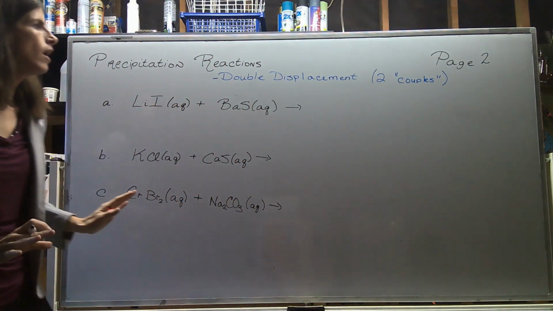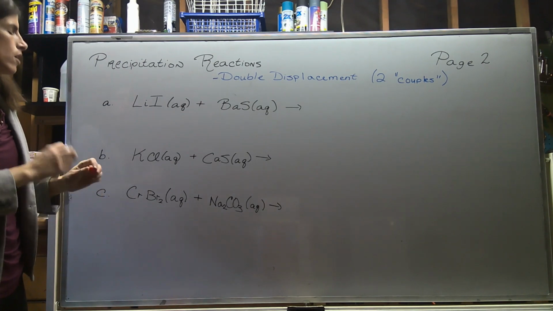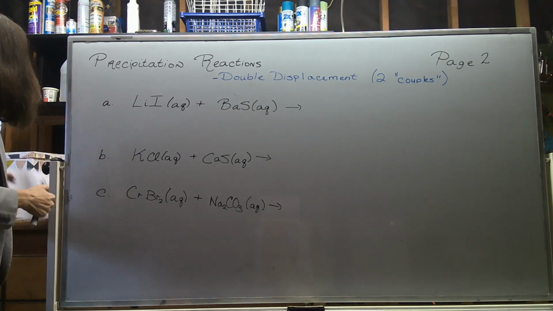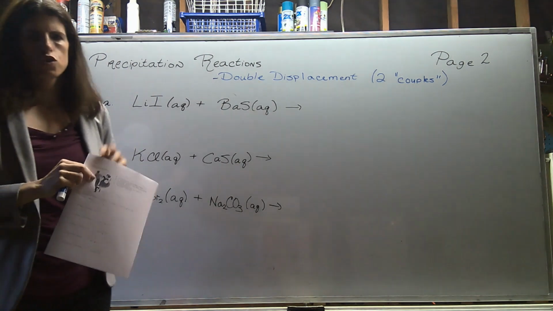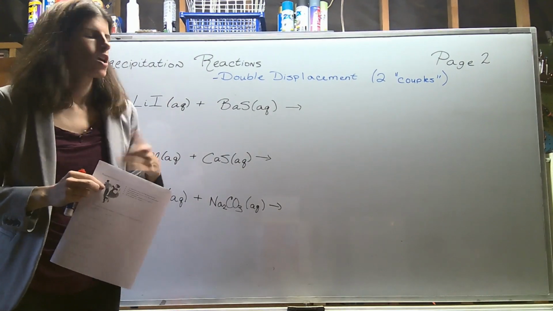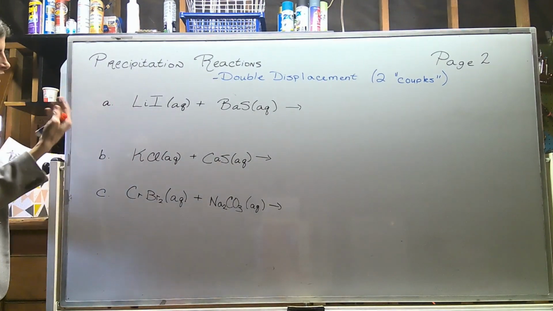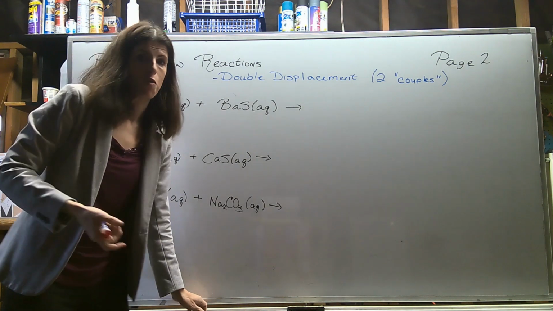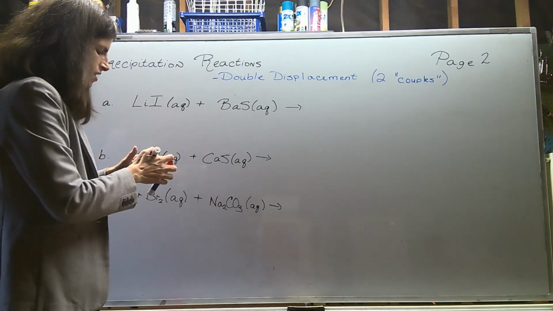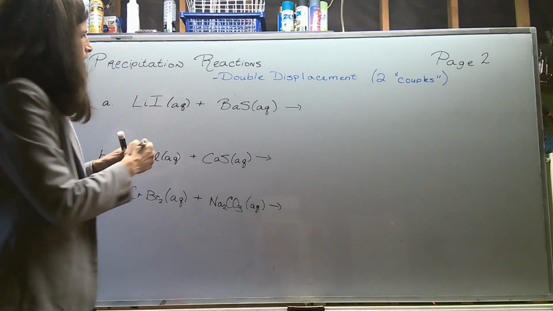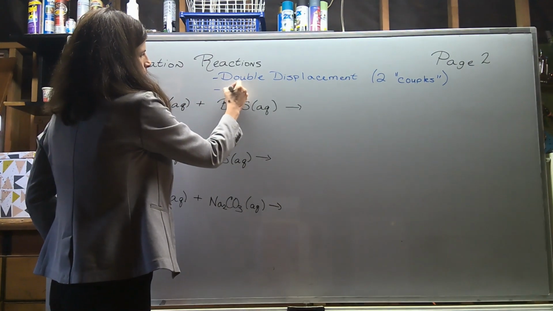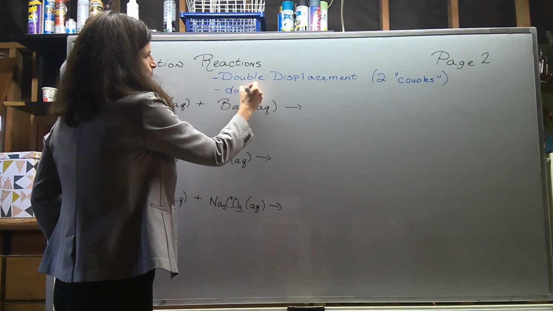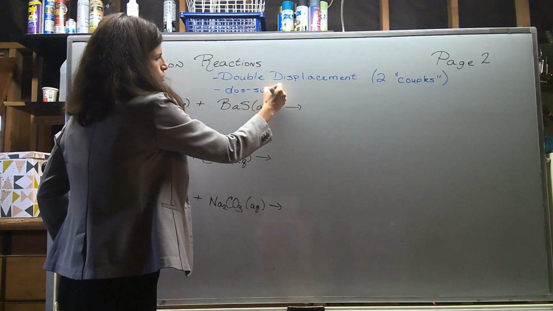So on the lecture handout, there's a picture of two people dancing. You'll hear me call precipitation reactions, or you'll hear me say do-si-do. And this is because when I took this class, I lived near downtown San Diego, and there was a church.